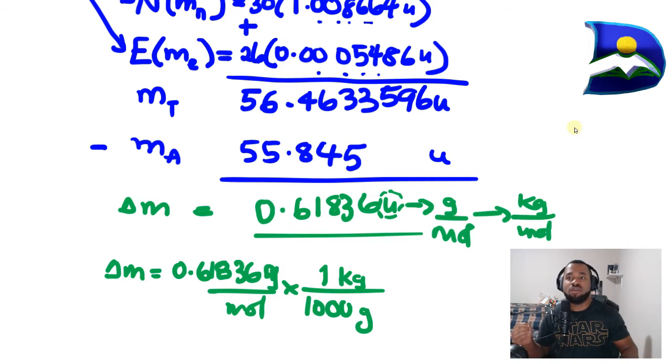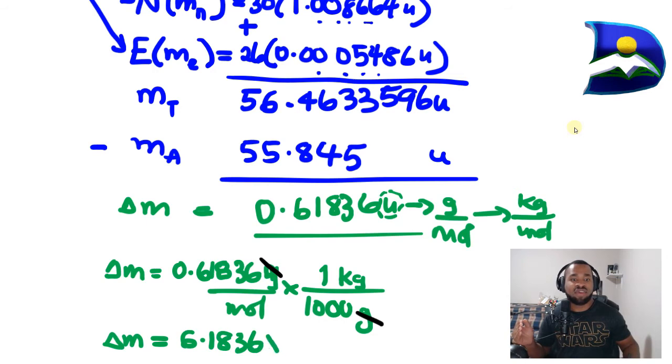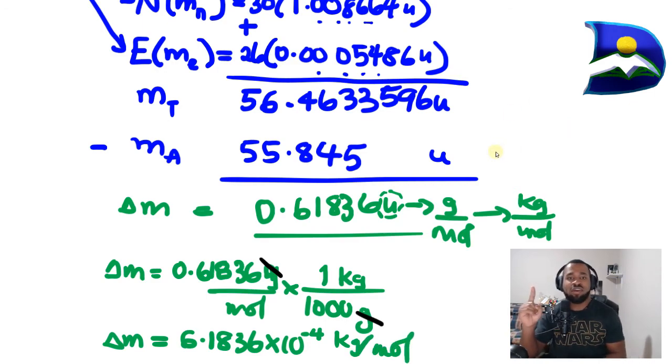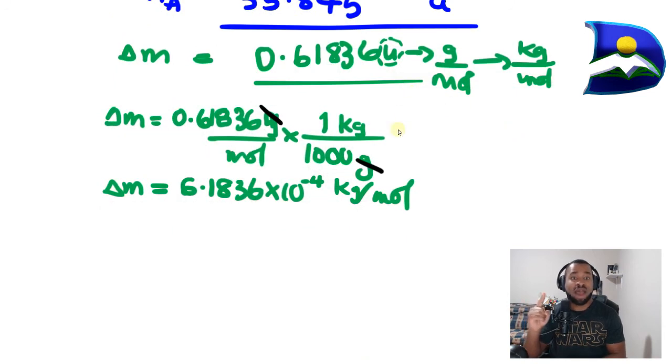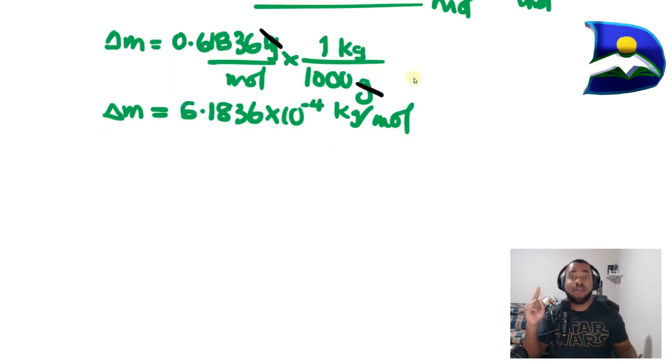And so therefore, once this cancels this, what we have using or representing this as our specific scientific notation is going to be 6.1836 times 10 to the negative 4, in this case kilograms per mole. So take note here that we'll need this particular mass to determine our energy, which is our changing energy.